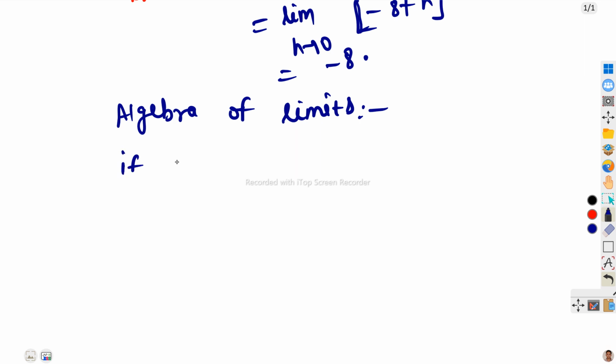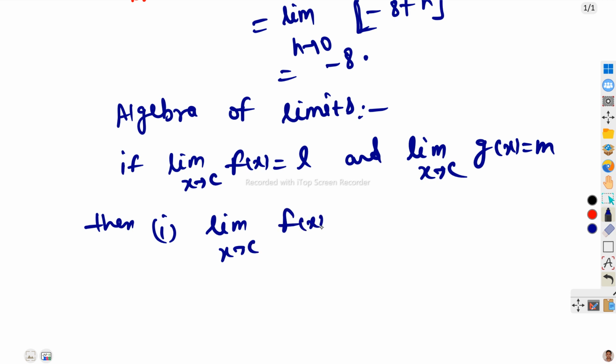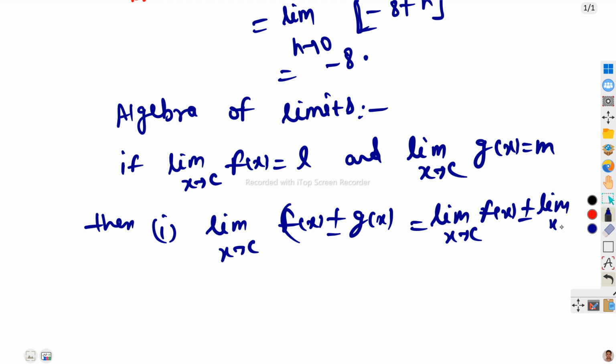If limit x tends to c f(x) equals L and limit x tends to c g(x) equals m, then first, limit x tends to c of f(x) plus or minus g(x) equals limit x tends to c f(x) plus or minus limit x tends to c g(x), and this equals L plus or minus m.